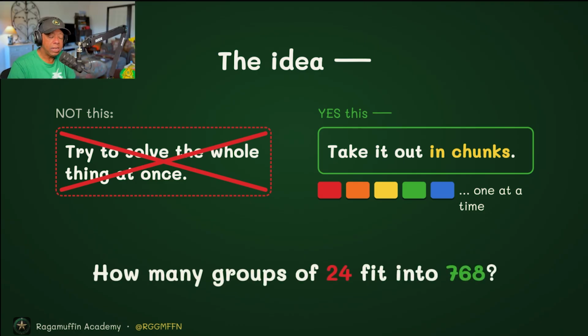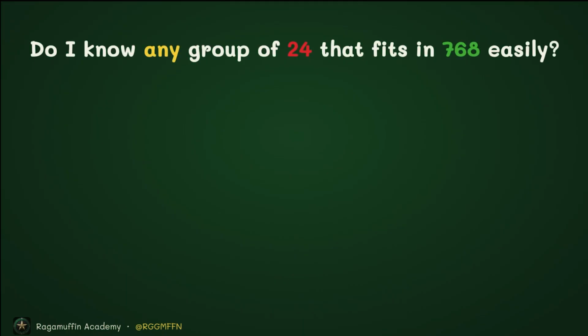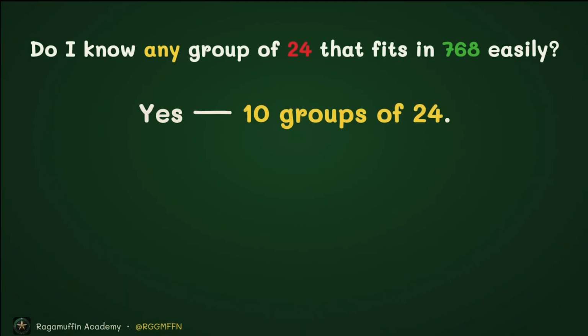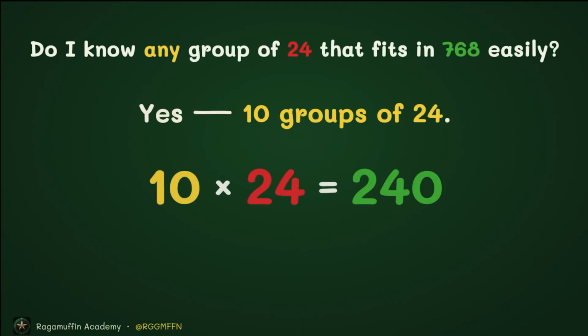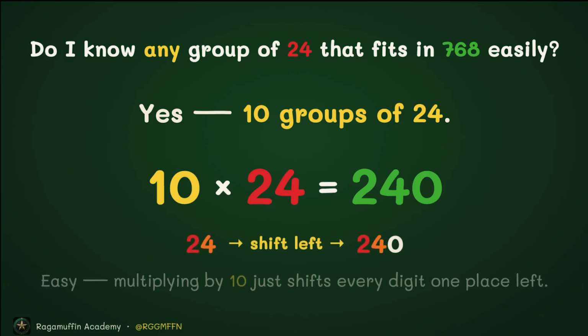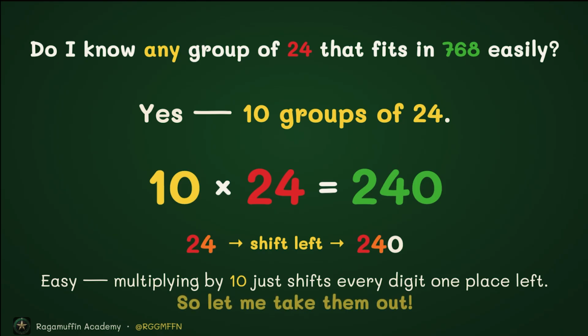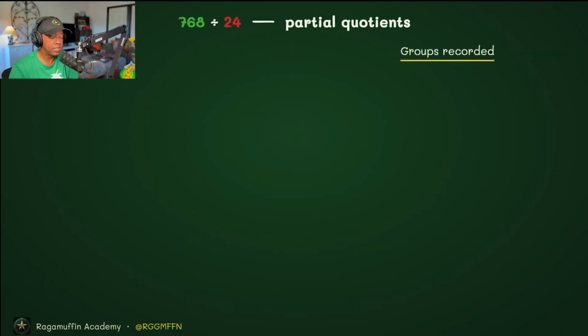Do I know any group of 24 that fits into 768 easily? Well, yes. I know that 10 groups of 24 is 240. That's easy because multiplying by 10 shifts the digits one place to the left. So 10 groups of 24 definitely fit into 768. Let me take them out.